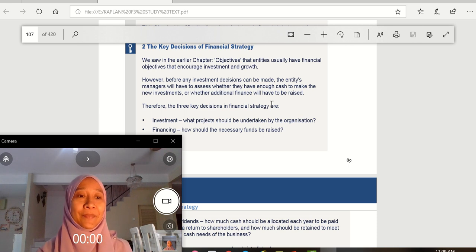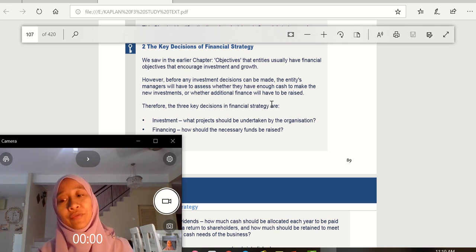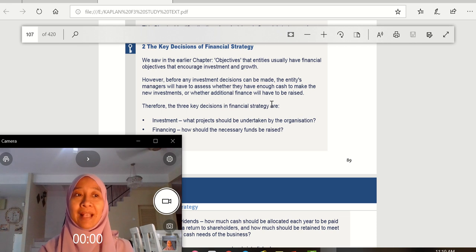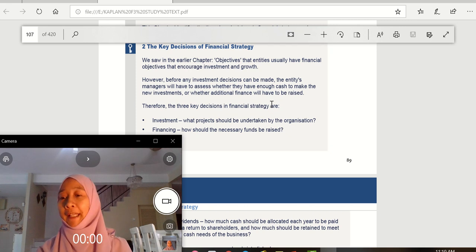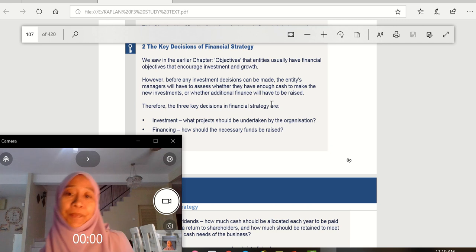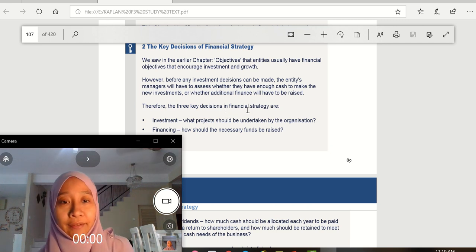That's why we learn the Modigliani and Miller theory later on, on whether taking a loan from the bank or issuing new shares is the best option. It all depends on the interest rate offered, the returns on equity and the financial status of the firm.